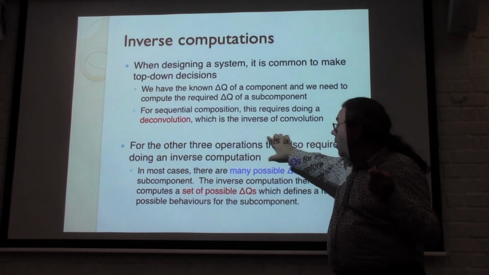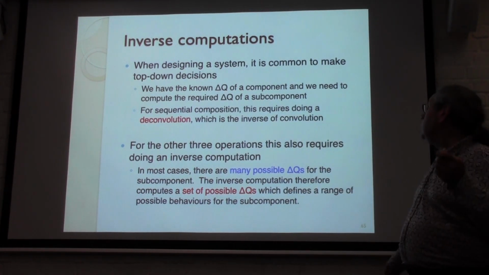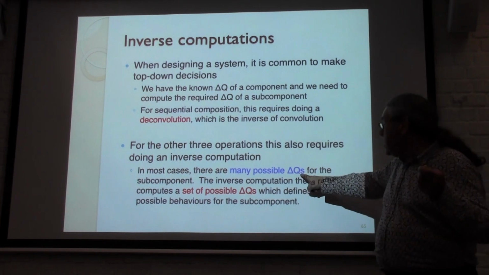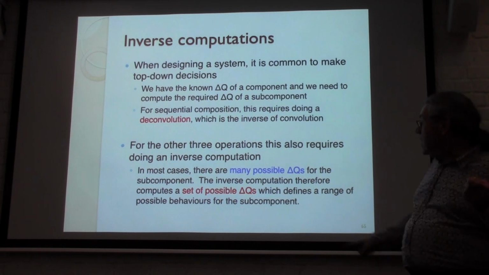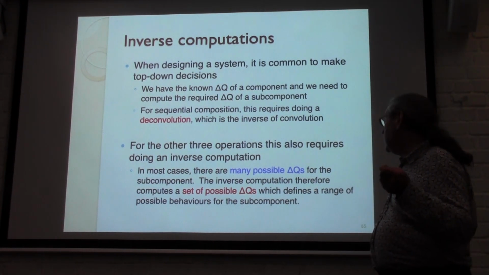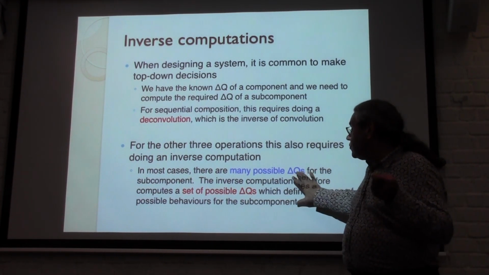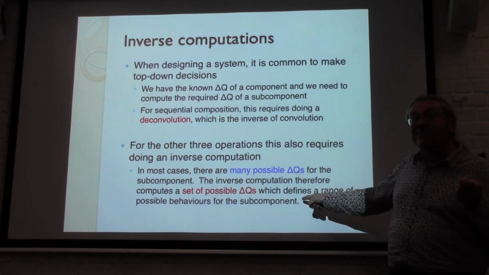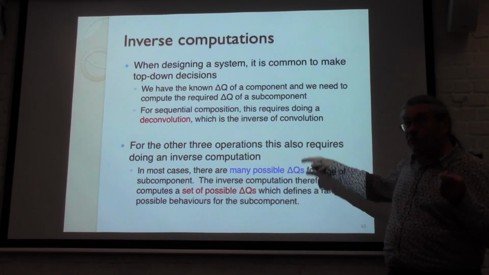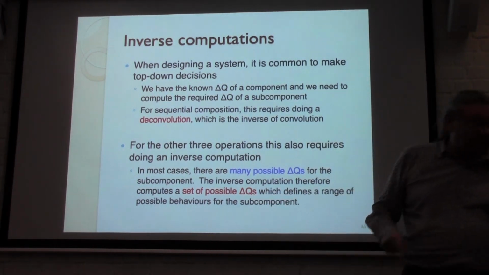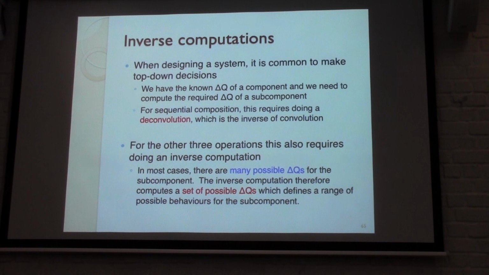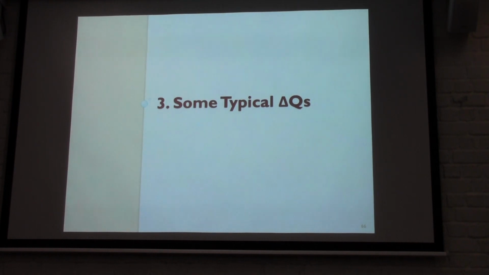But for the other three operations, it's also possible. And usually there's many possibilities for the subcomponent, a set of possible delta Qs. That means the software tool has to do a lot of work here. If you want to build this into a software tool for doing design, you have to represent that. So the software tool is not so easy to build. We don't have the software tool yet. We want to make a software tool. We don't have it yet. Okay.